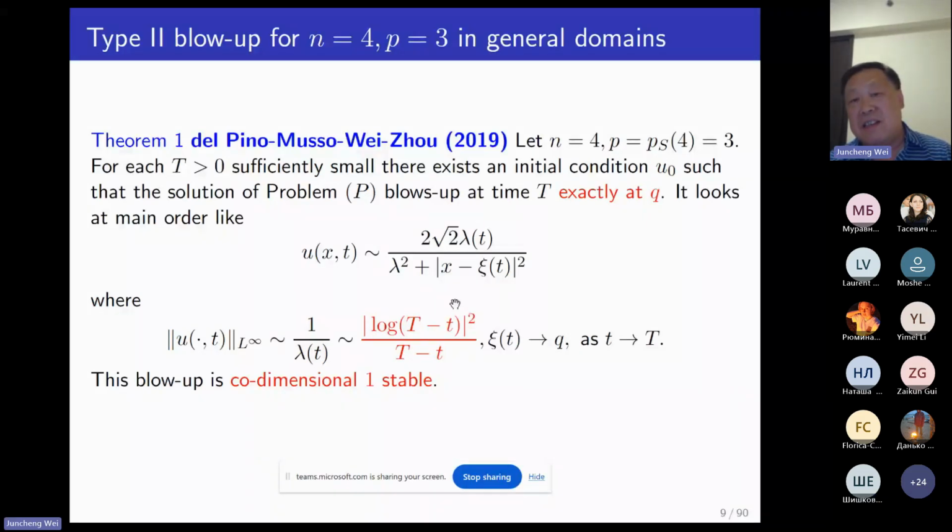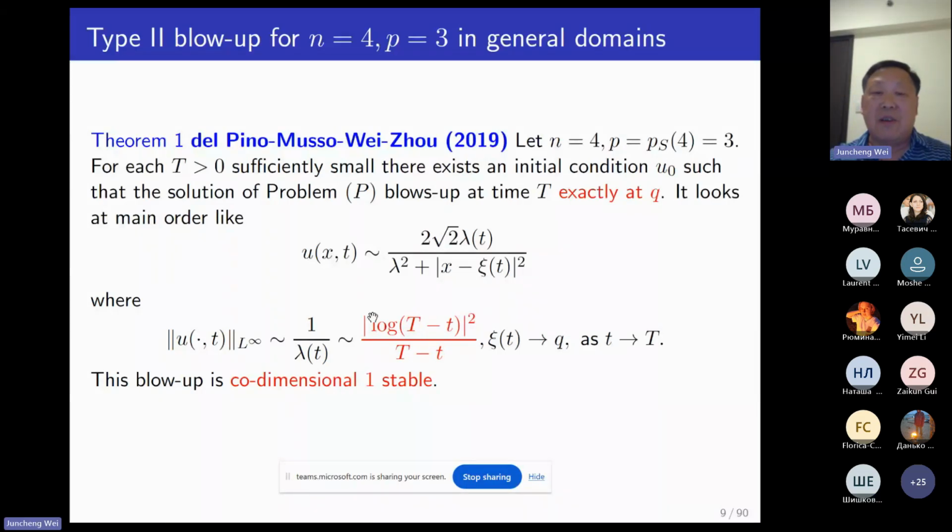In the first theorem, in dimension 5, the blowup rate is (T minus t) cubed, sorry, it is algebraic. But here the blowup rate is quite strange, and later we're going to see how this blowup rate was derived. Again, the blowup is called codimension 1 unstable.